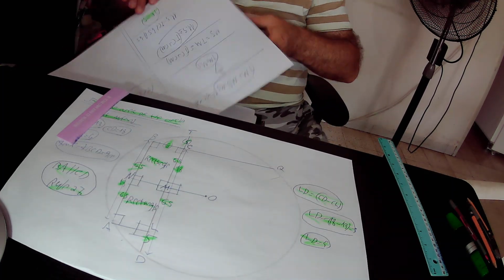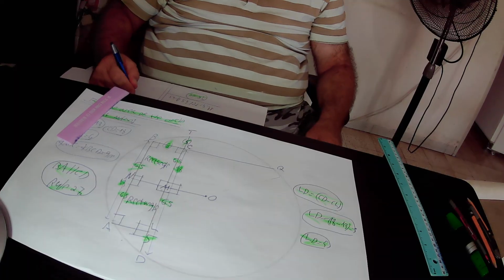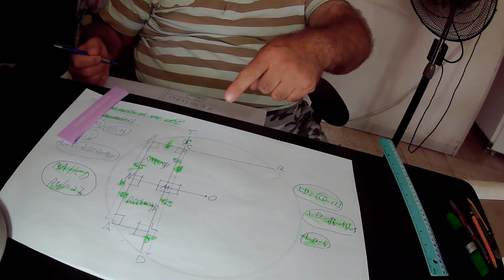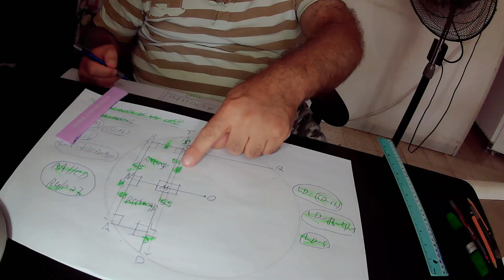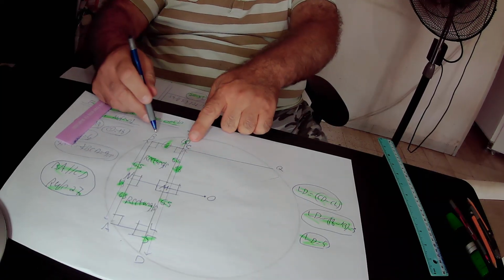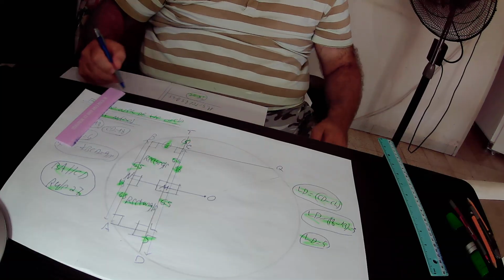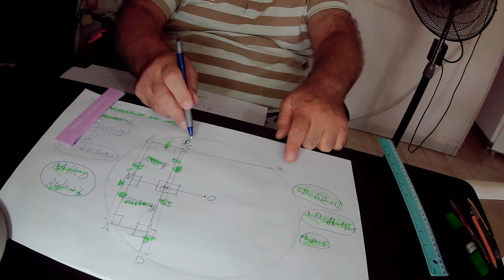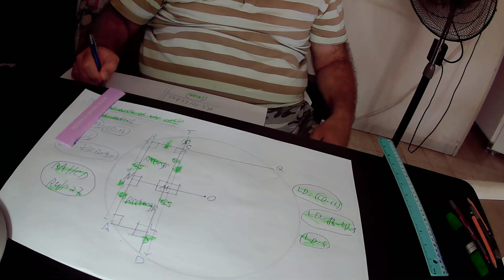TC is 5, times CD. CD is 18, and it equals BC. BC is 6, times CQ. CQ is the missing side, so leave it as it is.